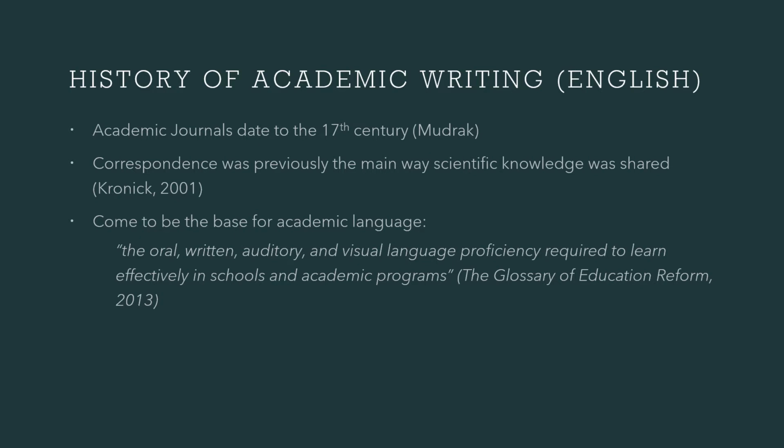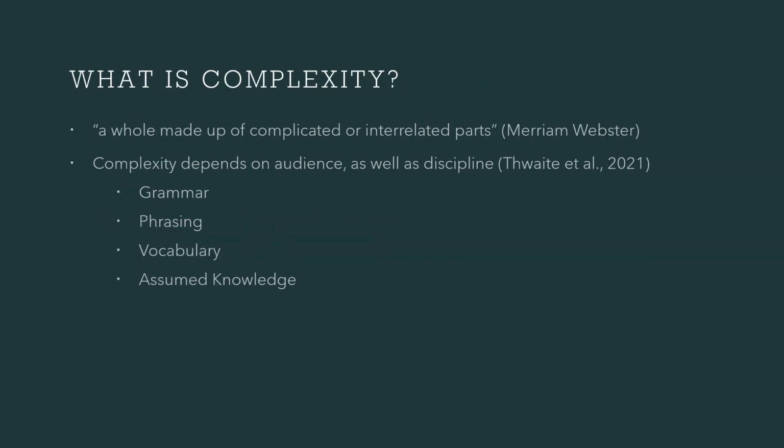Many things in our current university system require academic language today. Think of papers that you write in class, and papers that you read in class and different textbooks. This is how we currently primarily transmit information in an academic setting.